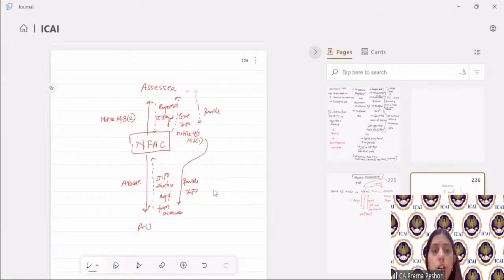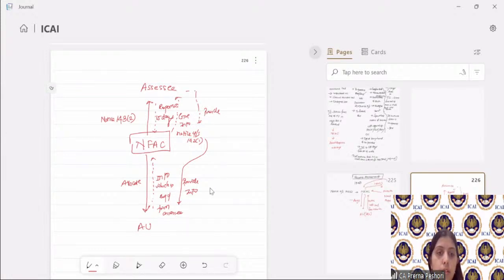Therefore, the AU may request the NFAC that the inquiry or verification be assigned to the verification unit.